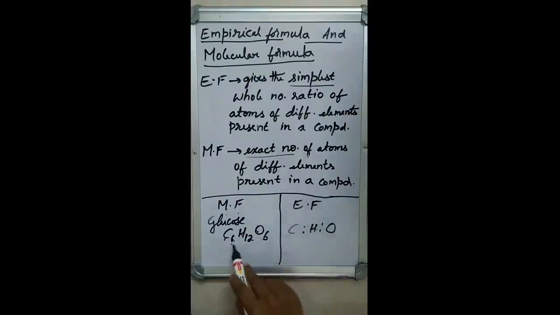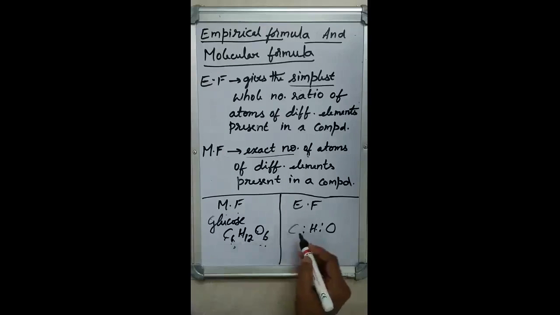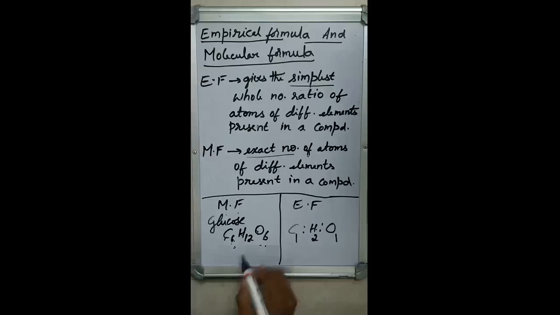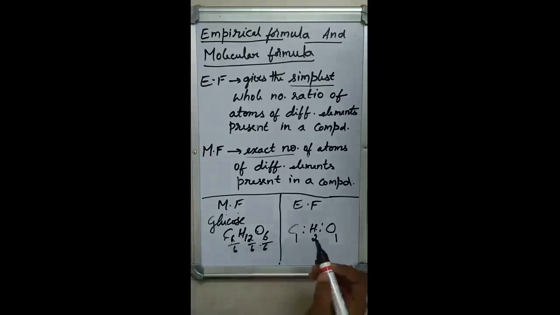So this number has to be divided by 6, because in this 6 is the smallest number. So 6 ones are 6, 6 twos are 12, 6 ones are 6. Like this you should do if you want to find the empirical formula. So what is the answer you will get? C1H2O1. This is the empirical formula of glucose.